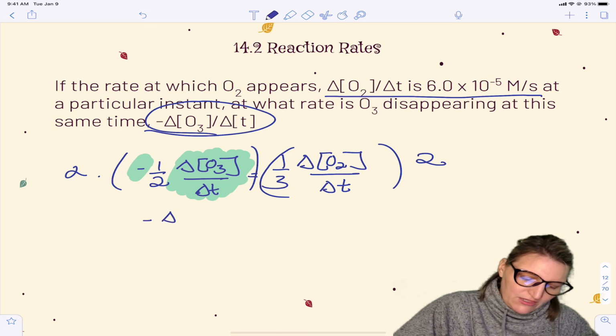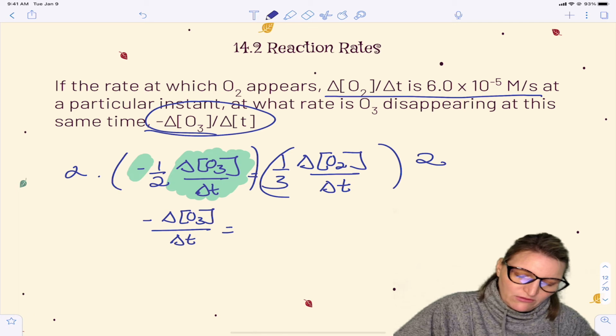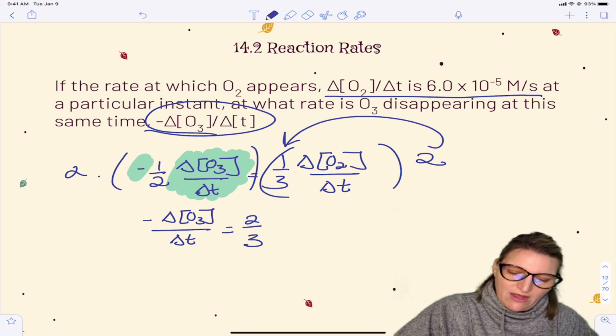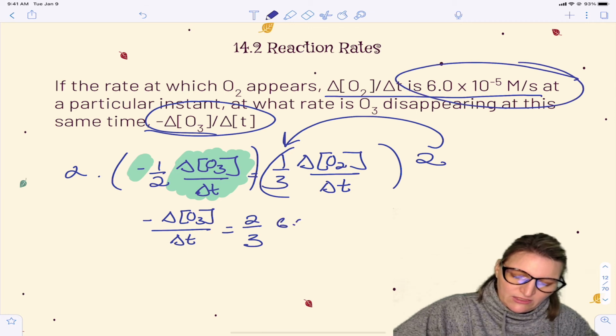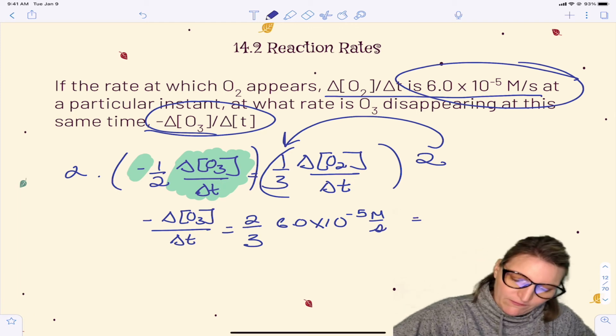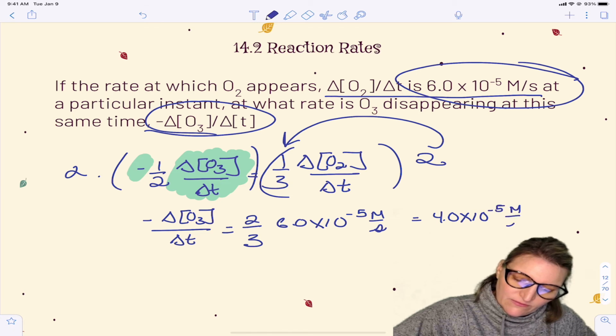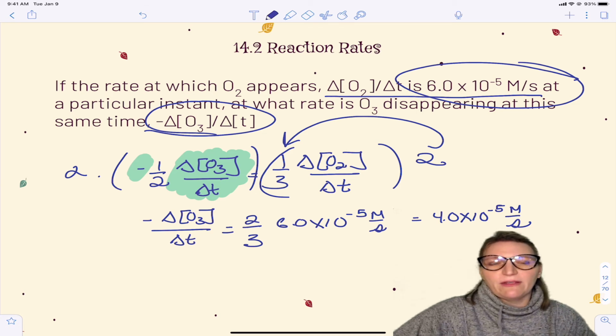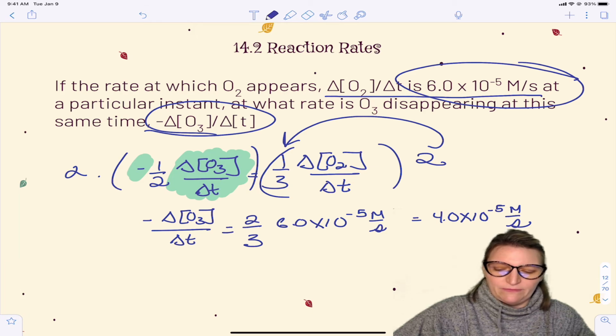So negative delta O3 over delta T equals 2 times 1/3, 2/3, and then substitute in 6.0 times 10 to the negative 5 molarity per second, or 2/3 of 6 is 4. And that's often, by the way, molarity per second. That's a very common way of talking about the rate of a reaction. Change in concentration, molarity over change in time.